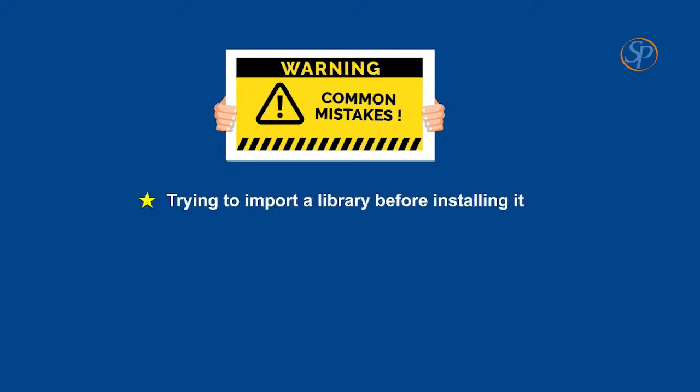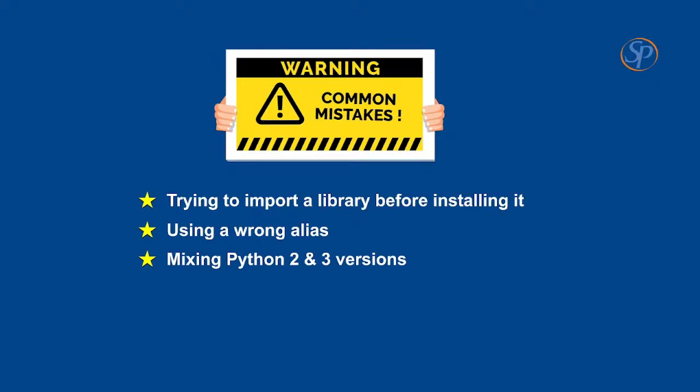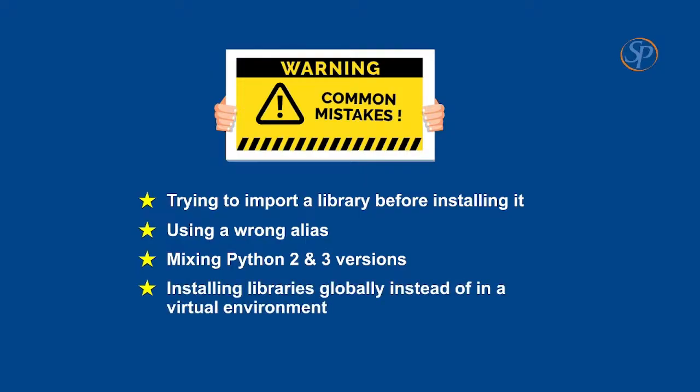First one, trying to import a library before installing it, using wrong aliases, mixing Python 2 and 3 versions, installing libraries globally instead of in a virtual environment. Fix this early and your Python workflow stays smooth and clean.